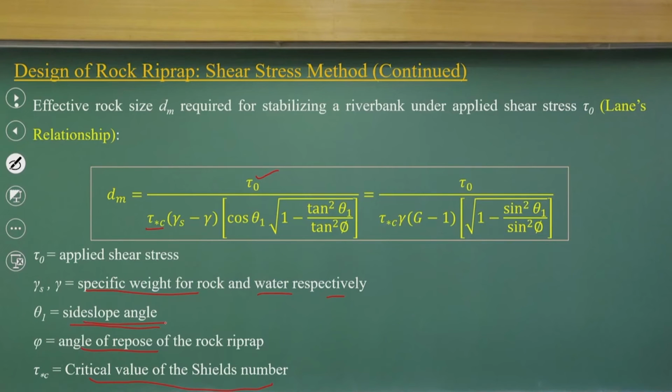The same concept we can use to compute what will be the d m size. That comes to a function of the applied shear stress, where theta 1 is the side slope angle, phi is the angle of repose, and you also have the critical value of the shear stress from the Shields number. That is what we already discussed earlier.